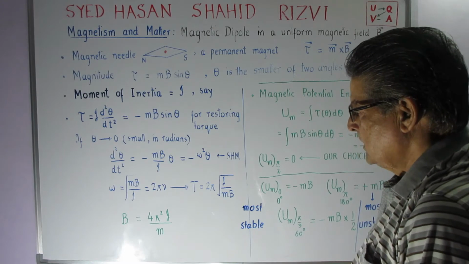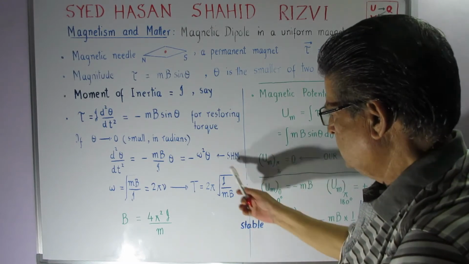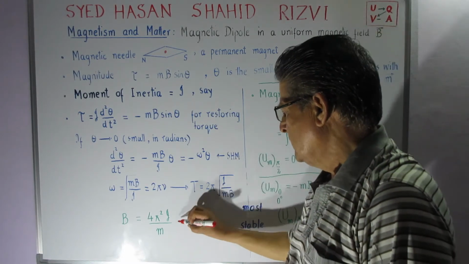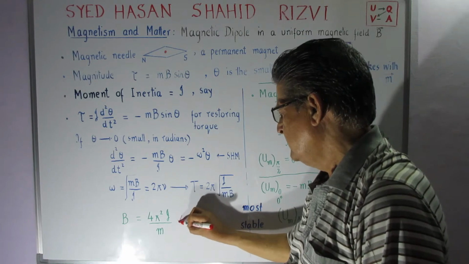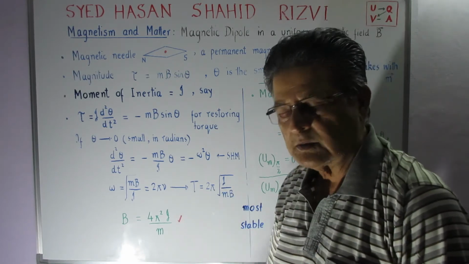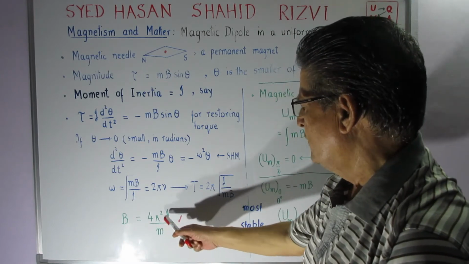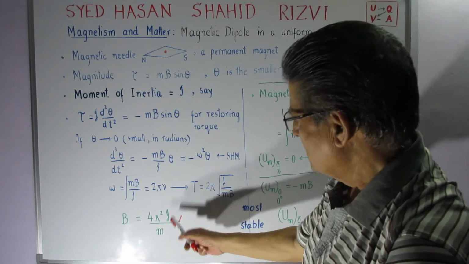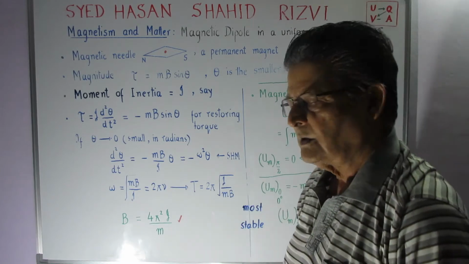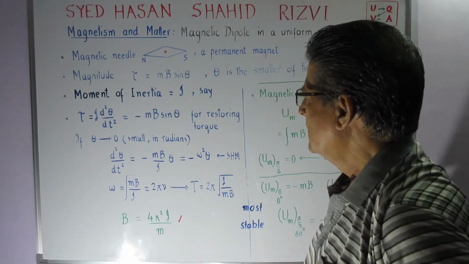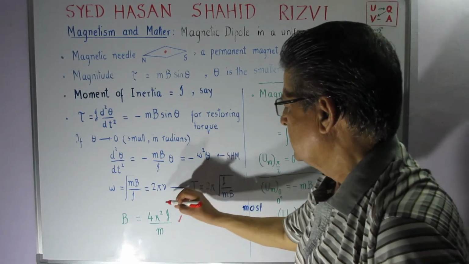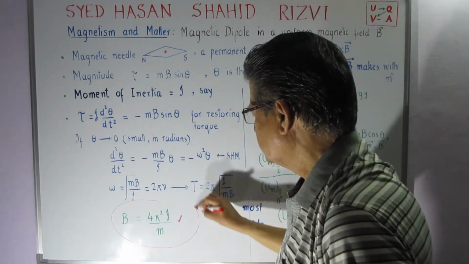So from this equation, if I know other things associated with that magnet, the magnetic field I can calculate as 4 pi square I, the moment of inertia, divided by the dipole moment associated with the system times T square.